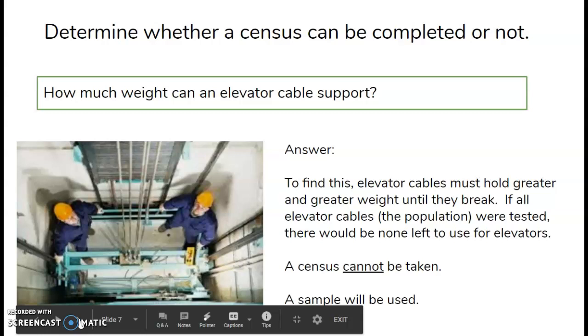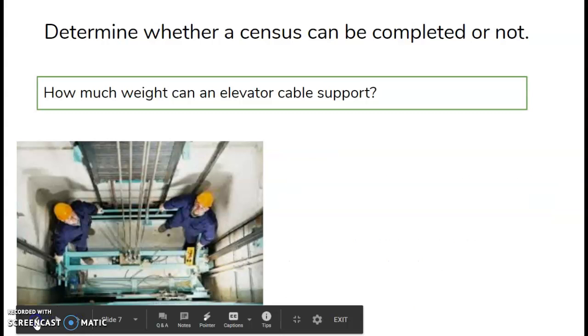So if all the elevator cables in the world were tested, the entire population, there would be none left to use for elevators. So obviously we can't test them all. That means a census cannot be taken and we will have to use a sample. Any numbers that we derive from this survey, because we used a sample, would be called a statistic.